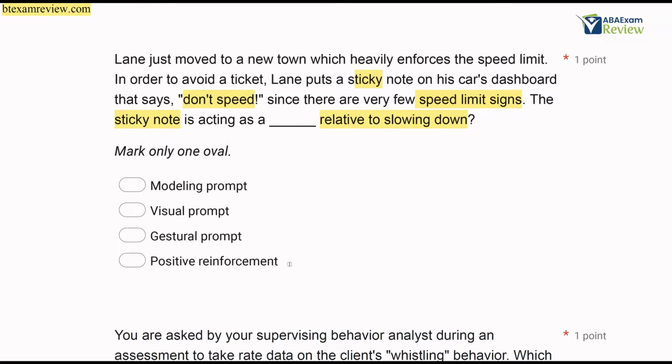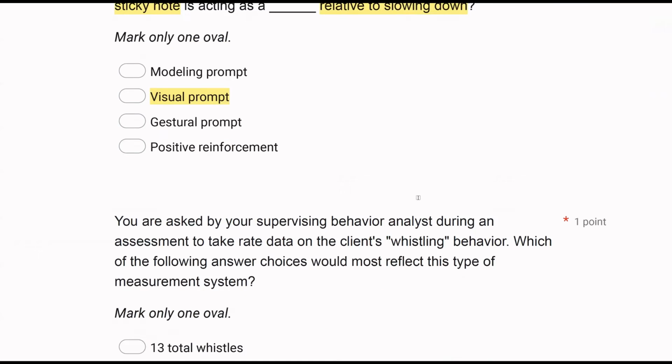And is it positive reinforcement? It's not because it's an antecedent. The behavior is actually slowing down. Avoiding the ticket is going to act as the reinforcement for slowing down. What is causing Lane to slow down is that sticky note, which is the prompt. And since it's visual, it's going to be a visual prompt.